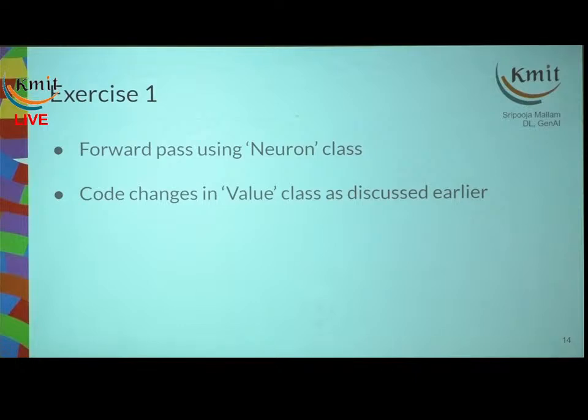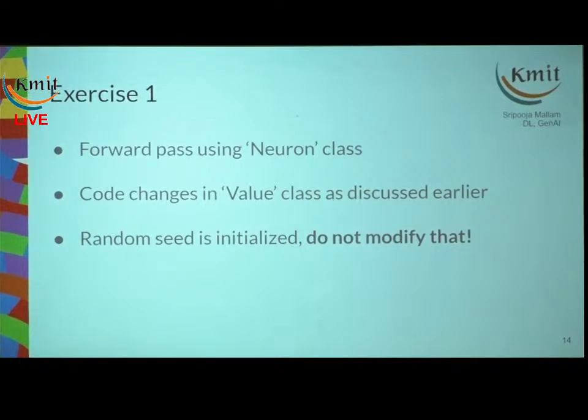For that we have a visible test case also. There is a random seed that I initialized as part of the assignment. So make sure that you're not overwriting or modifying that random seed, because the assertions will fail in that case. So there's one visible test case and one hidden test case. I'll release the notebook.